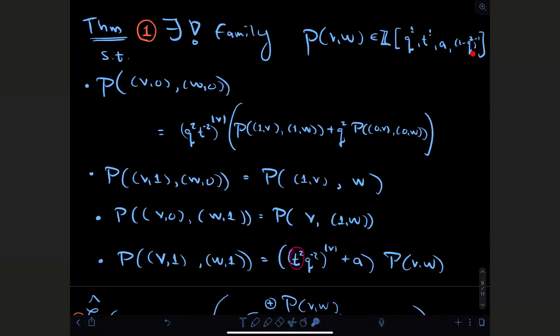But the claim is, first off, there's a unique family of polynomials satisfying these recursions, and then the base case would be: if V is empty and W is a sequence of zeros, then this polynomial is supposed to be the graded dimension of the homology of the unlink with so many components, which in these conventions is that guy.